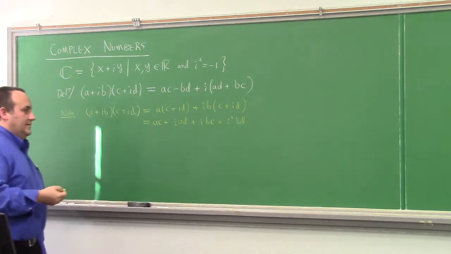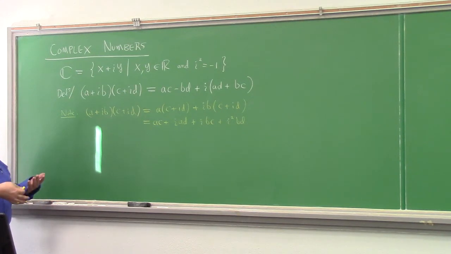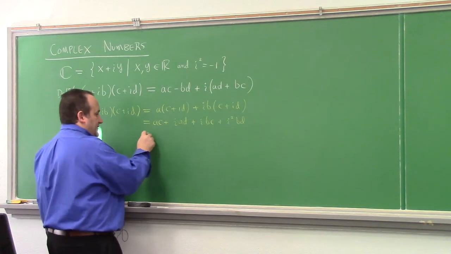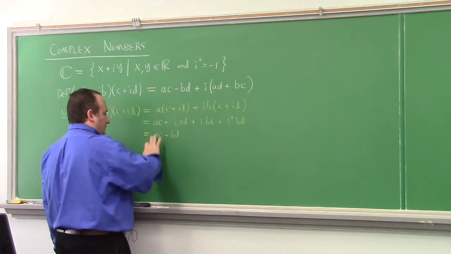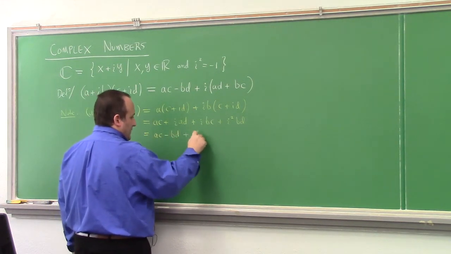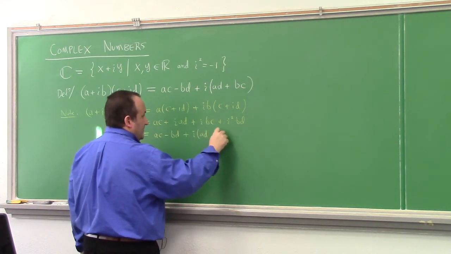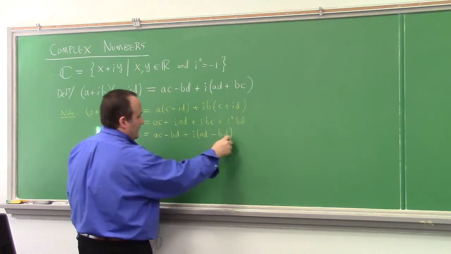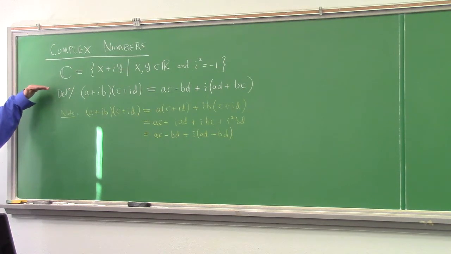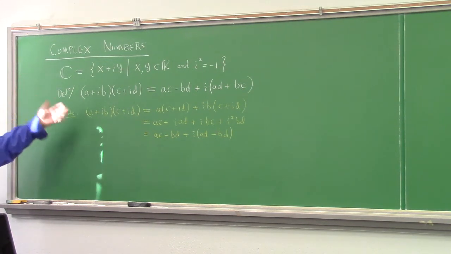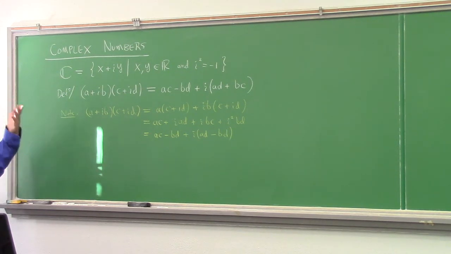And then when you group the terms with i, and you use i squared is -1, this gives us ac minus bd plus i times (ad plus bc). So all I'm saying here is that this definition is actually equivalent to the assumption that the distributive property holds, i commutes with the real numbers, and the rule i squared is -1.